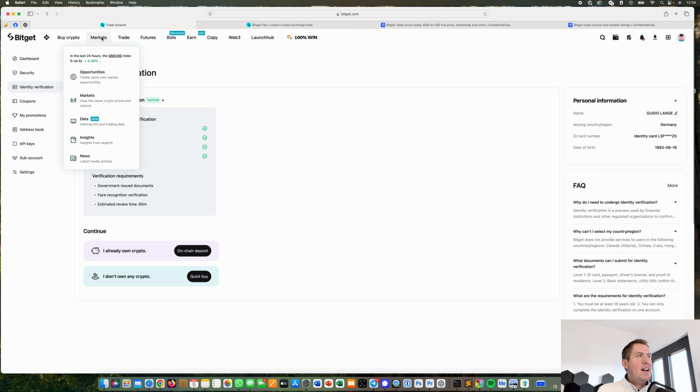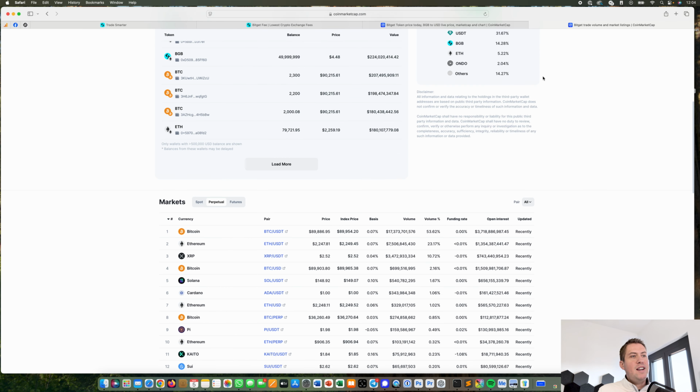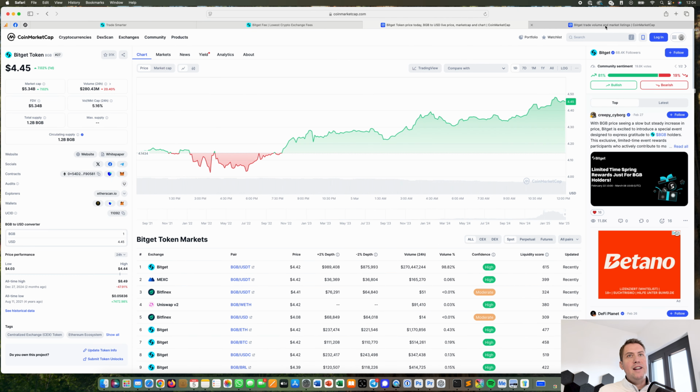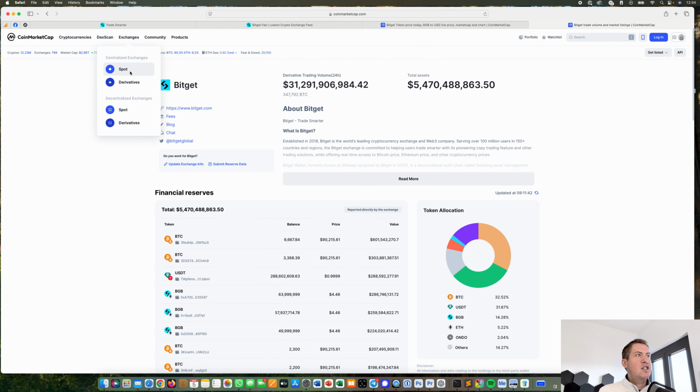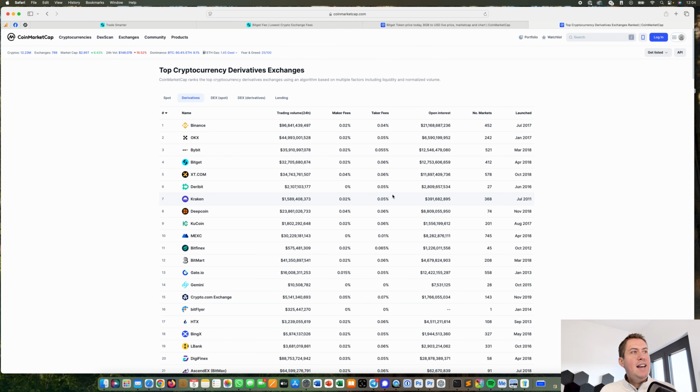So once you have an account, there's just one more thing I want to show you. You can go here to exchanges and then derivatives. And then you see that Bitget is one of the biggest futures exchanges, or derivatives exchanges, as it's called, in the world. It's been around since 2018.